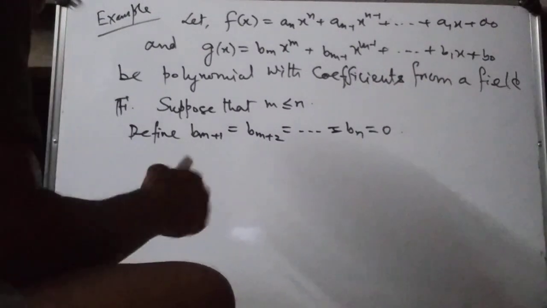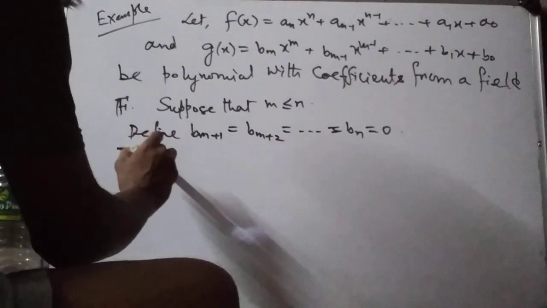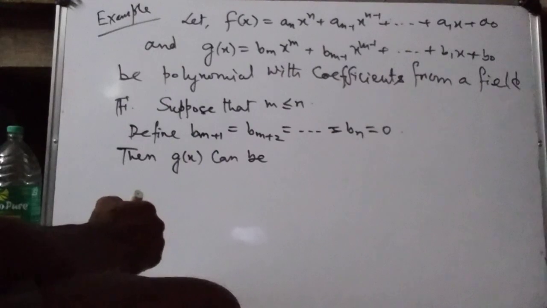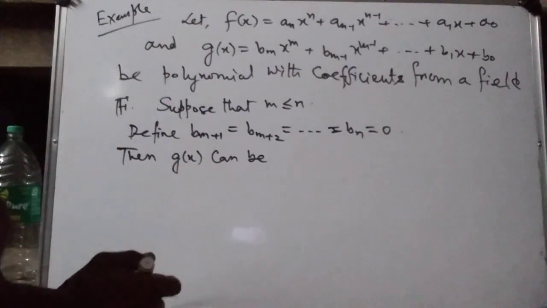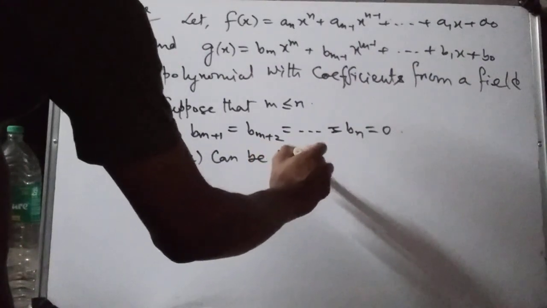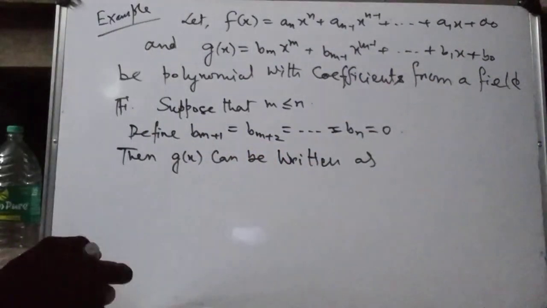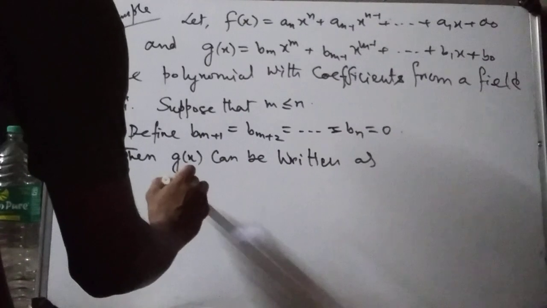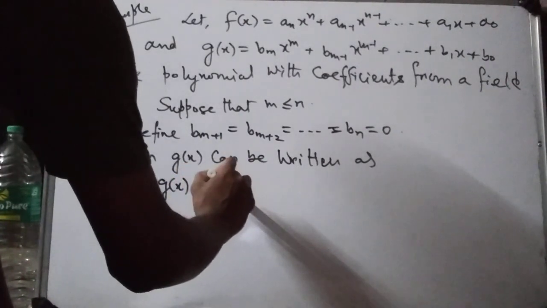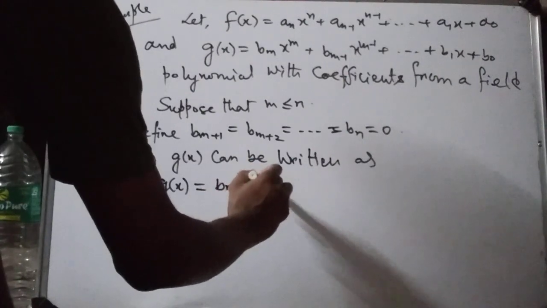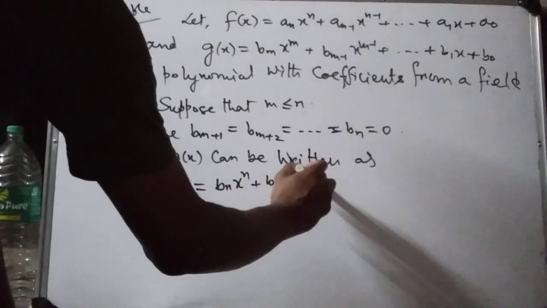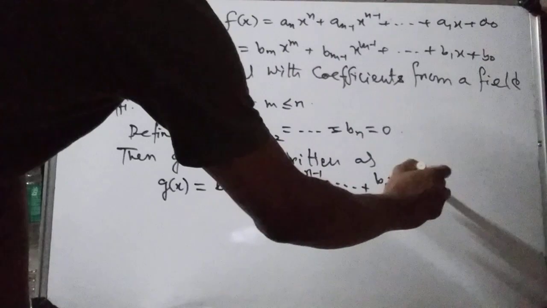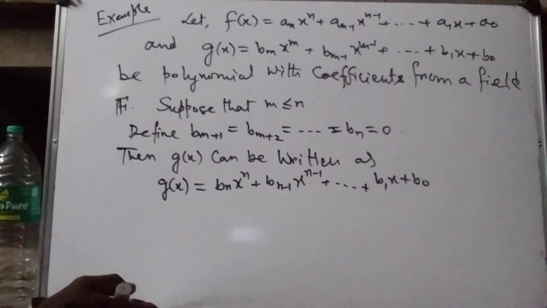Then g(x) can be written as g(x) equal b_n x to the power n plus b_(n-1) x to the power n-1 plus dot dot dot plus b_1 x plus b_0. That means we define this one.